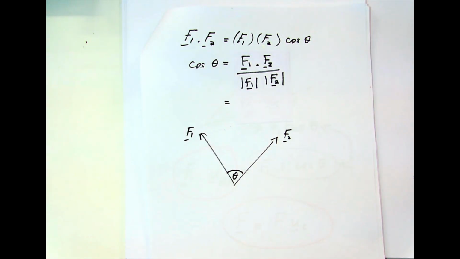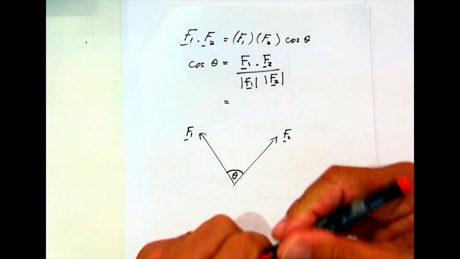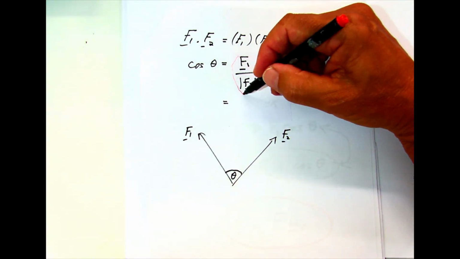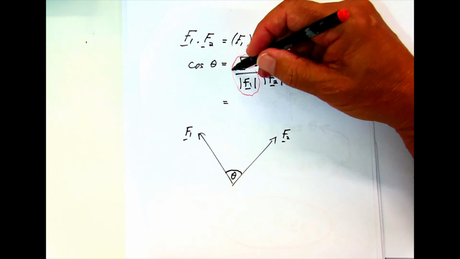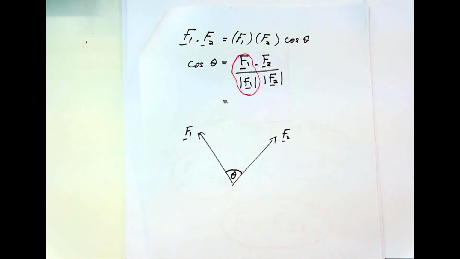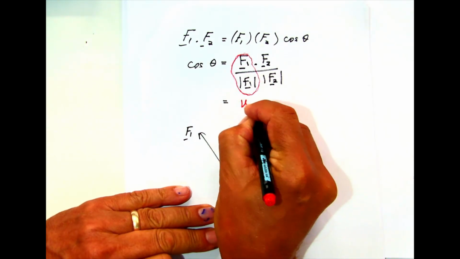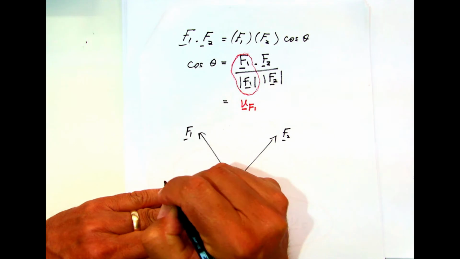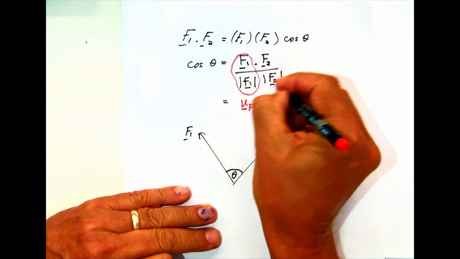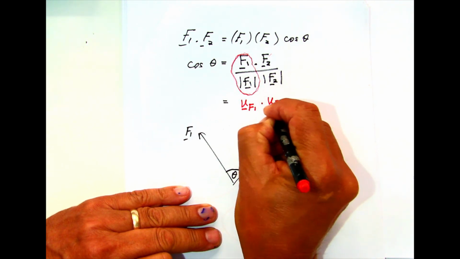Now you'll notice in your book, they often write this in a different way. This F1 divided by its magnitude, that one there. What is any vector divided by its magnitude? Unit vector. So this divided by that is the unit vector in the direction of F1. And the same applies for that. That is the unit vector in the direction of F2.